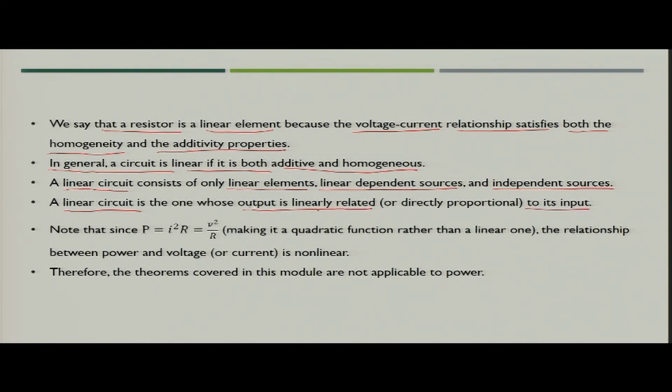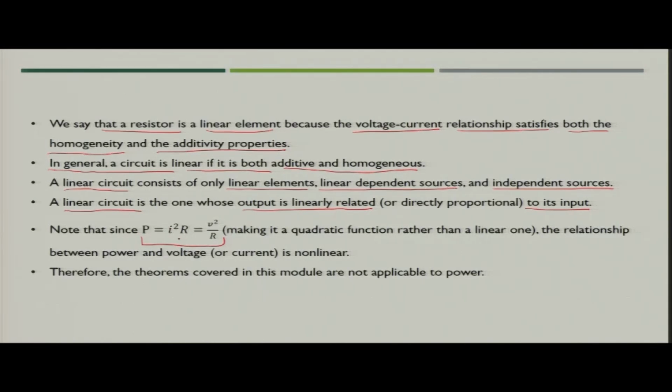Now, although the circuit may be linear, its input-output relationship may become non-linear. So, can we apply homogeneity and additivity in that case? Suppose your input is voltage and output is power across a resistor. What relationship will they follow?